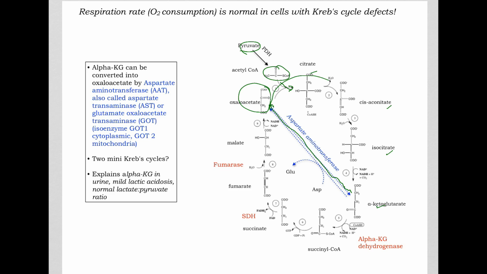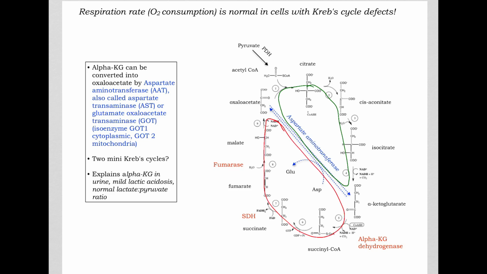So this part of the cycle will continue happening, and notice that this part does give you NADH that will go to the electron transport chain, OXPHOS. So this is like having one mini Krebs cycle here and another mini Krebs cycle here, giving us two mini Krebs cycles.